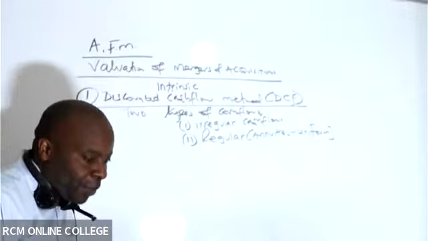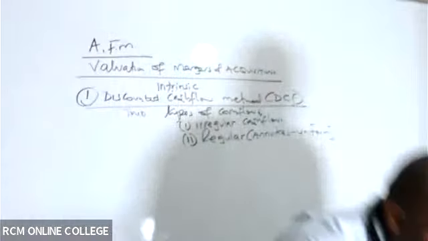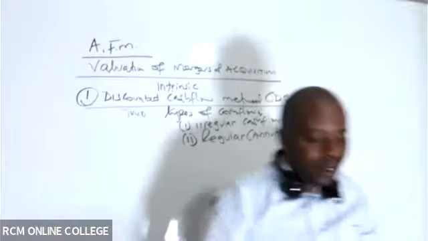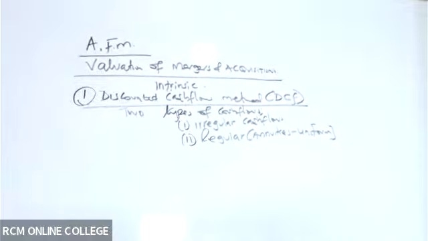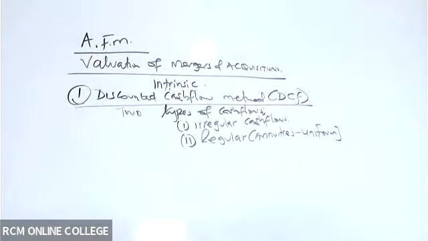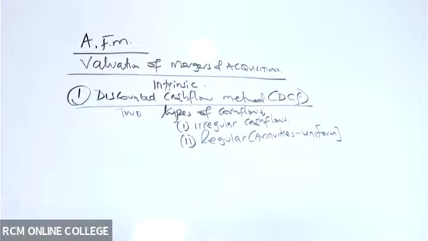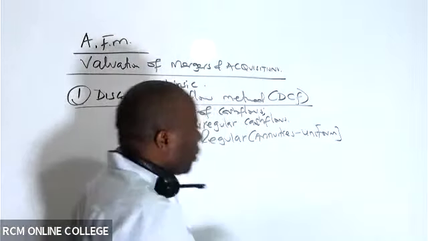Could you kindly remind your teacher which criteria we normally use to discount irregular cash flows? Is there somebody who can remind us? To discount irregular cash flows, my good students, we normally use PVIF.